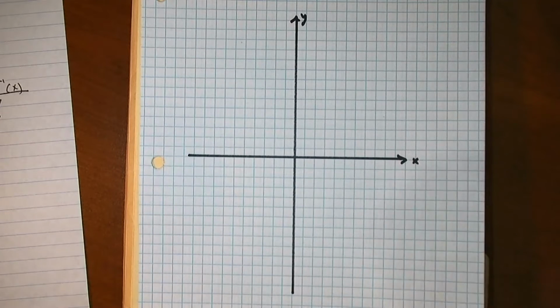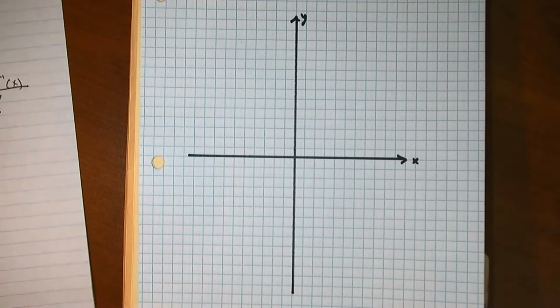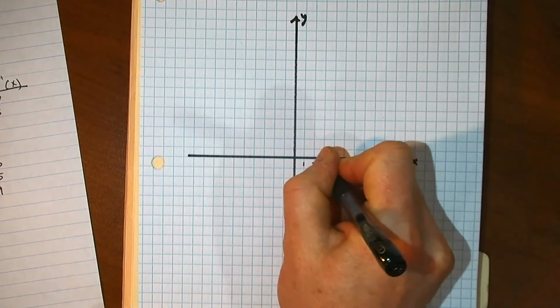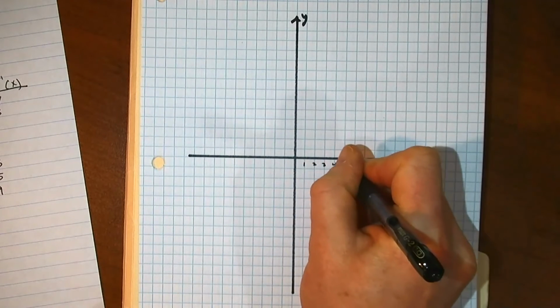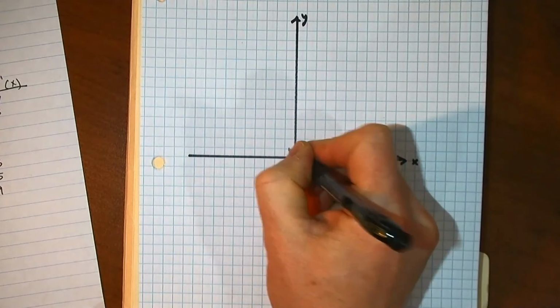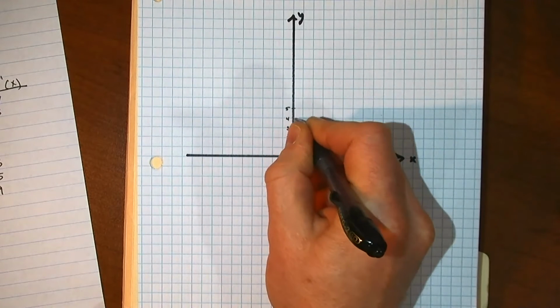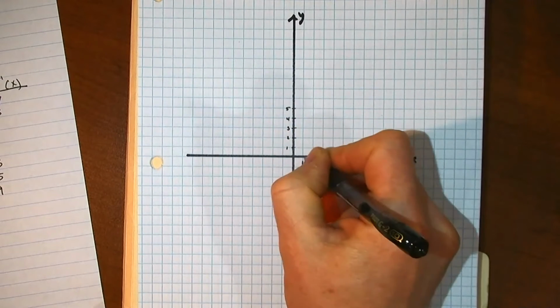What I personally do is I start with my asymptotes. And when we've talked about graphing, I talked about why it is I start with my asymptotes, but I'm going to go ahead and just count by 1. So 1, 2, 3, 4, 5 in that direction, 1, 2, 3, 4, 5 in this direction. I'm just going to count by 1s for my graph. Keep it nice and simple.